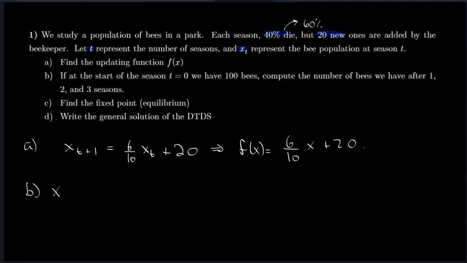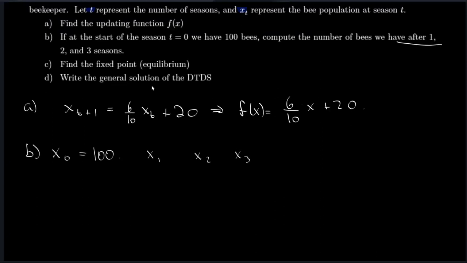Now, part B: if at the start of the season we have 100 bees, that just gives us our initial value, X naught is 100. Compute the number of bees we have after 1, 2, and 3 seasons. So basically, we're asked to find X1, X2, and X3. We could do this in two ways.